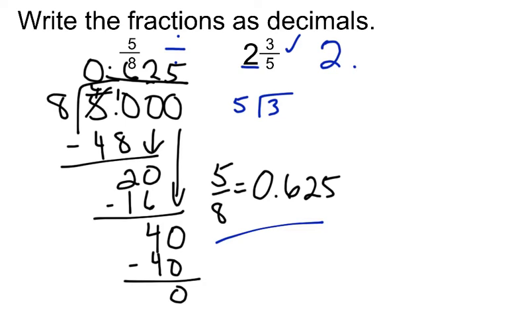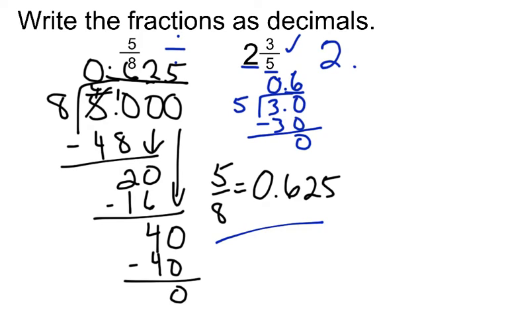If it's a proper fraction, you should always have a 0 in your whole number place. So it should be 0 and whatever, tenths, hundredths, thousandths, etc. In this case, because it's a proper fraction, I should have a 0 there, which I do. 5 can't go into 3, but it can go into 30 6 times. And 6 times 5 is 30. So I have no remainder.